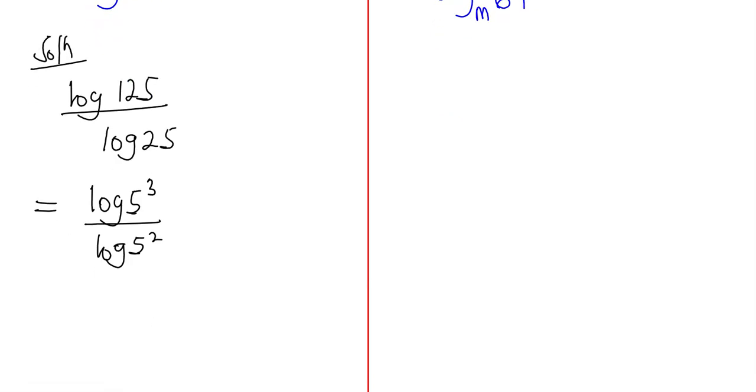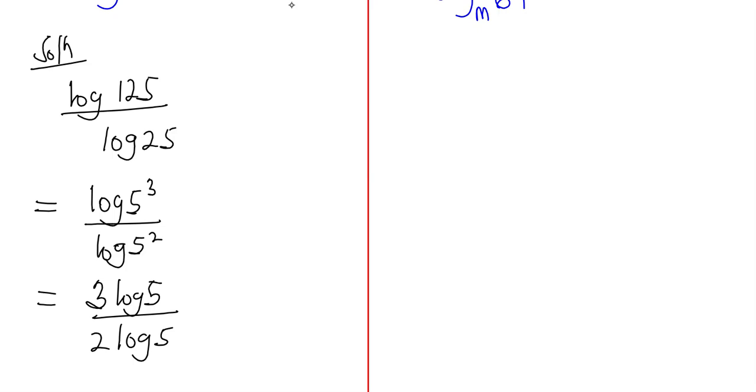Now applying the product index law, we are going to write this 3 as a coefficient to the logarithm. The same thing applies to 2, which is also going to be written as a coefficient to the logarithm at the denominator. So if that's the case, then we have our solution as 3 log 5 divided by 2 log 5.